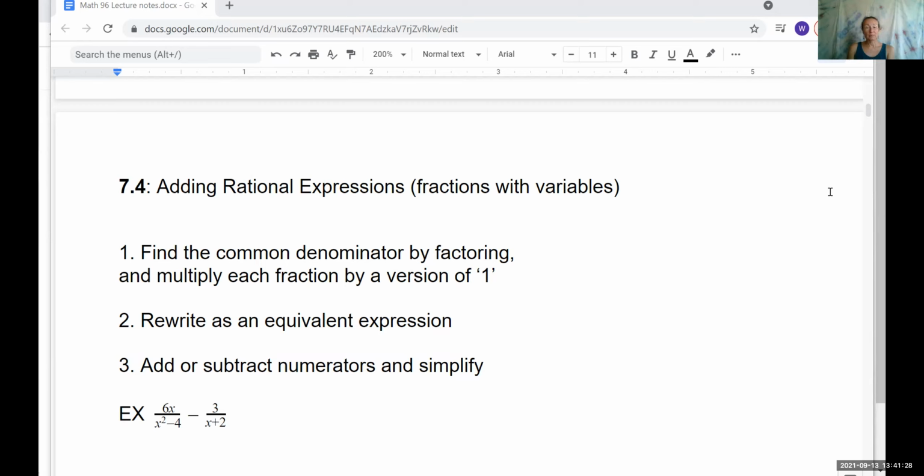This first example that we are going to do is right here. We've got 6x over x squared minus 4, and we're subtracting from that 3 over x plus 2. Let me go to my whiteboard and we will work through that problem.